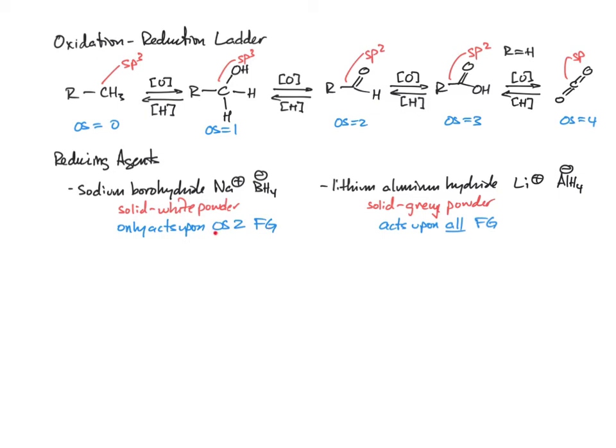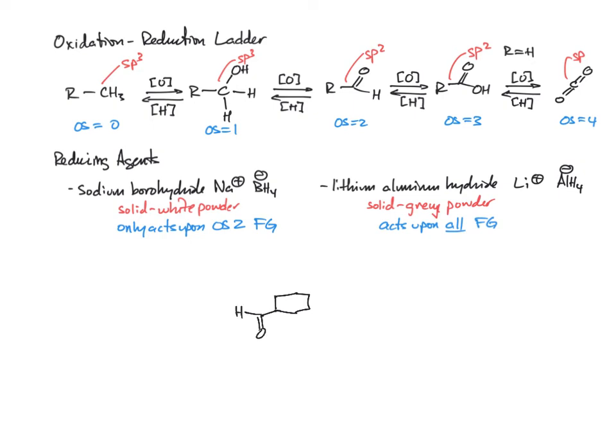So right here, we would say, because this only acts on oxidation state 2, this one is more selective than this one. Anytime this thing sees an oxidation state at 2 or 3, it's going to reduce it. So let's look at a molecule and see how these reagents act upon that molecule. The molecule we're going to look at, I'm going to put it in the middle here, is difunctional.